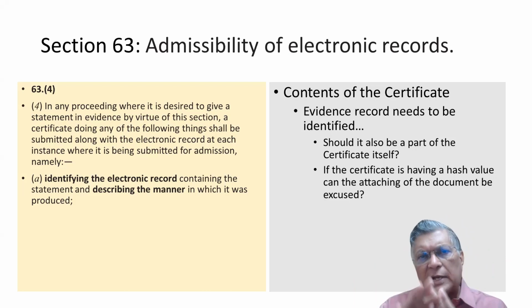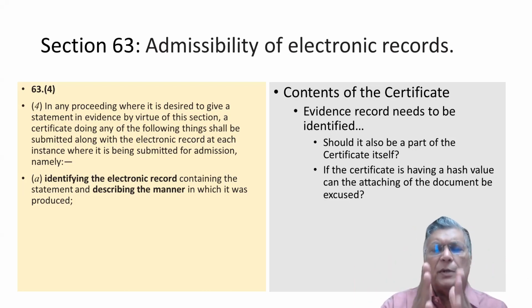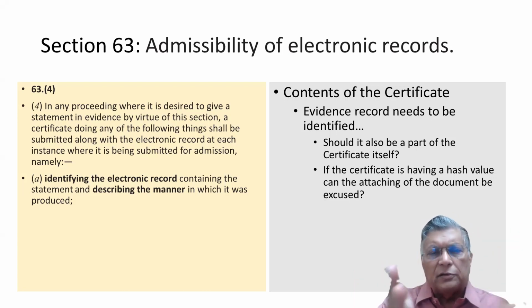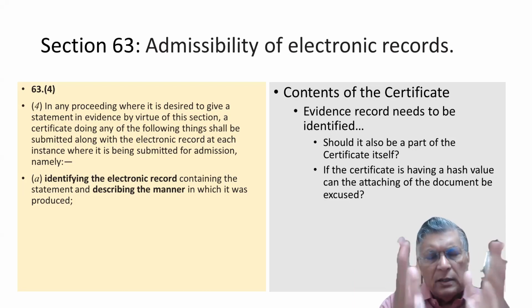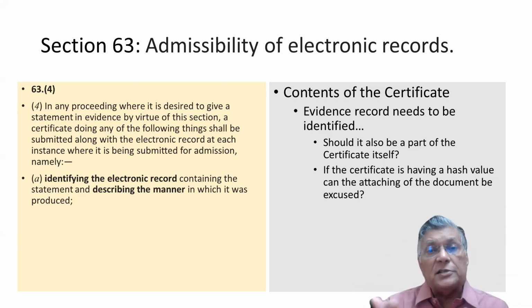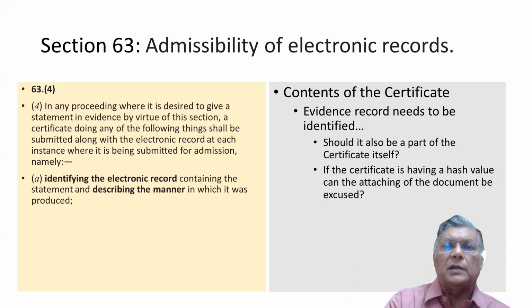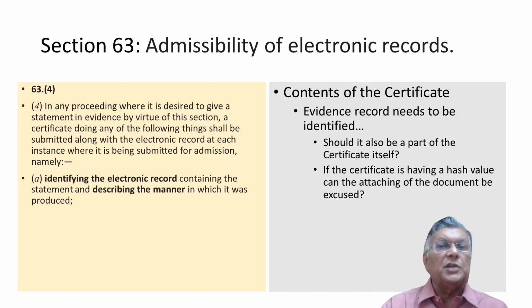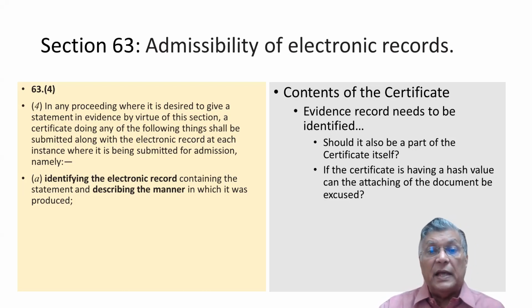So accepting that, if a person from India had given a certified copy and another person from India, maybe from the same location in Bangalore, is trying to log in and see the page again, more or less he should get the same page, except that yesterday's advertisement may be replaced with today's advertisement. So there also there can be some kind of a change. Okay, so that is the question of describing the manner of production.